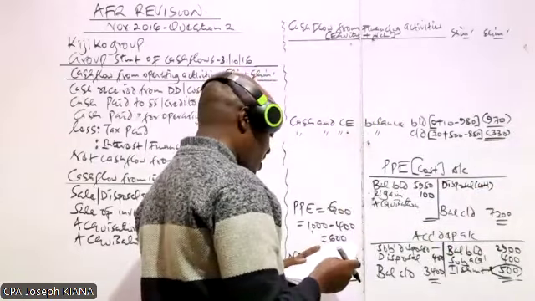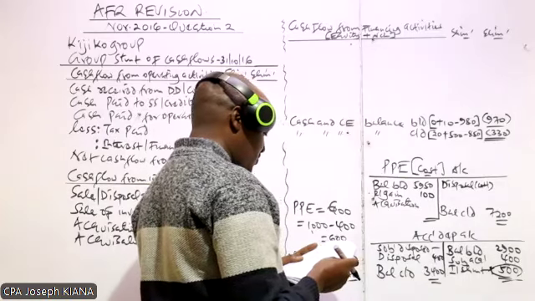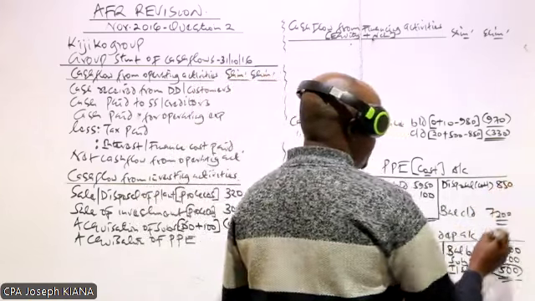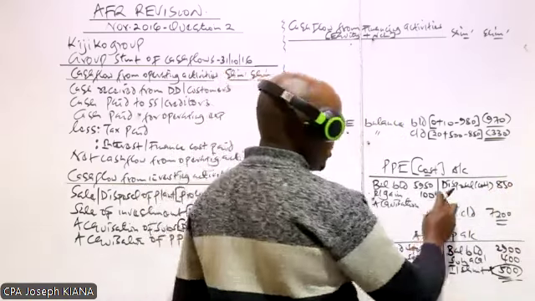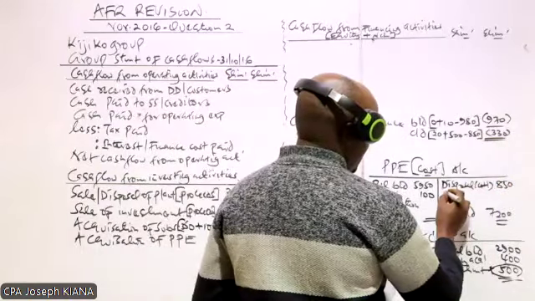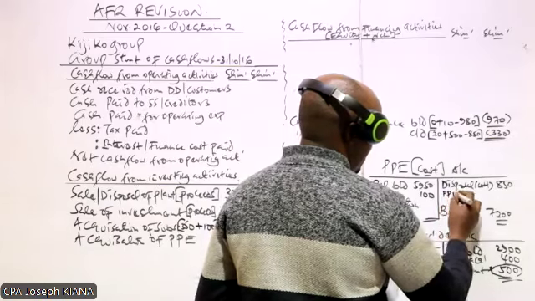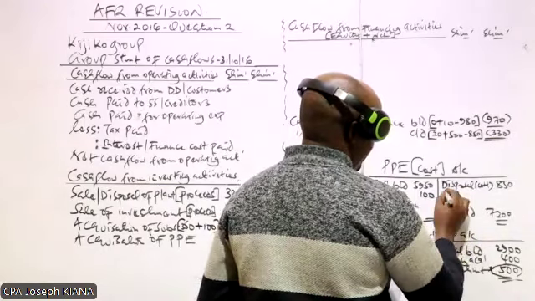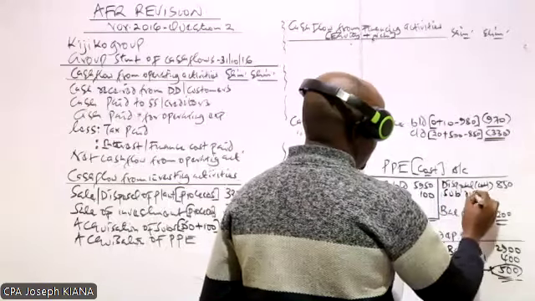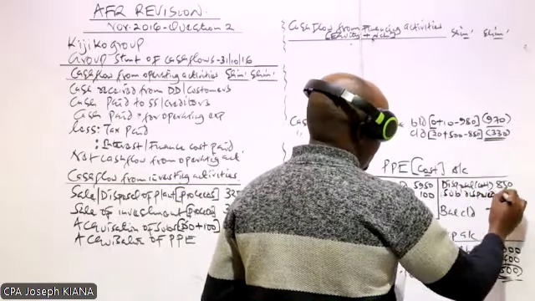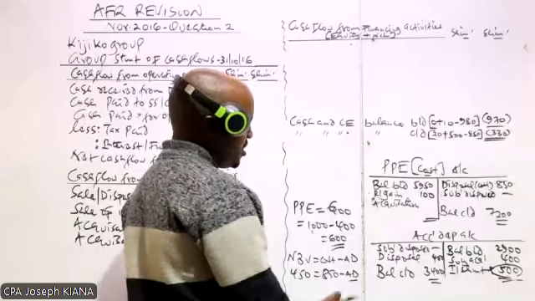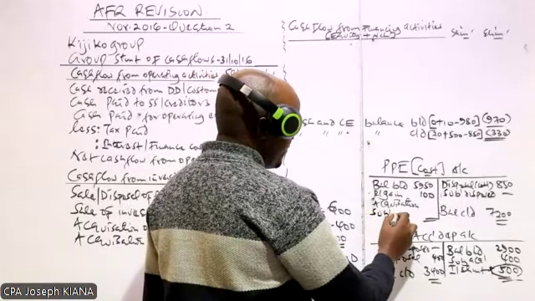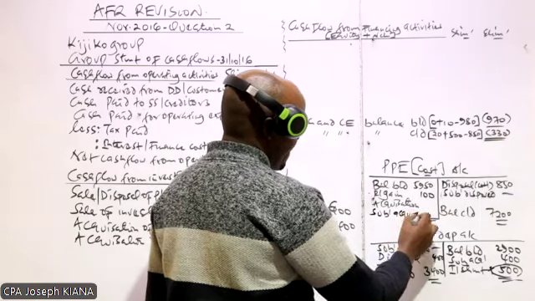We go back to note 1. The plant which was disposed had an original cost of 850. What we also record on this side are the PPE of the subsidiary disposed. So do we have a subsidiary which was disposed? No. And there is also something I've forgotten to record here, the PPE of the subsidiary acquired.